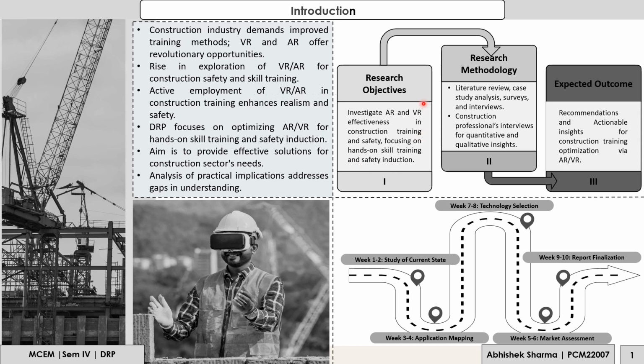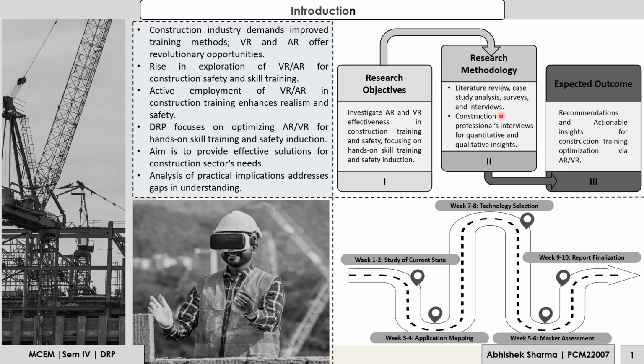First, I'll begin with the research objectives of this DRP. The main objective is to investigate the effectiveness of AR/VR in construction training and safety, particularly hands-on skill training and safety induction. The research methodology includes a review of literature, successful case studies in which AR/VR is implemented, surveys and interviews.